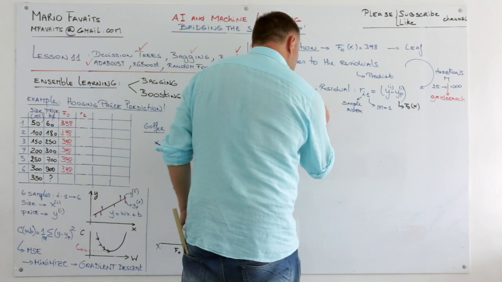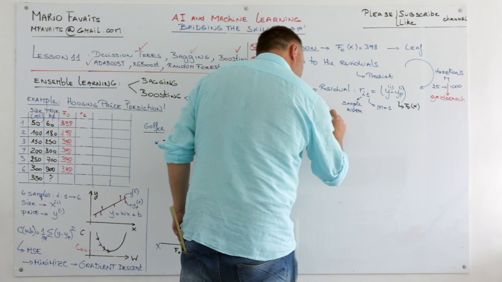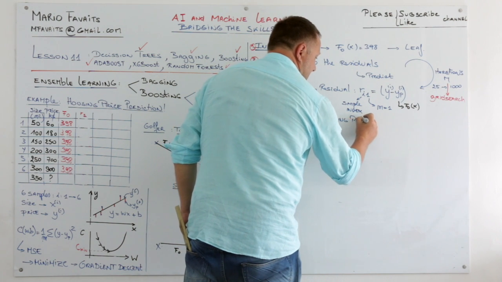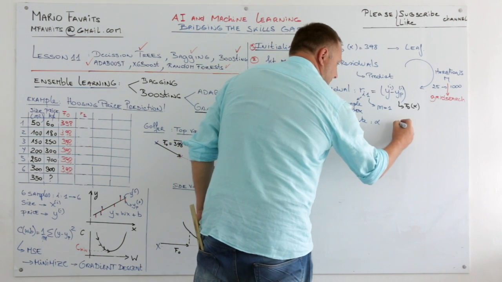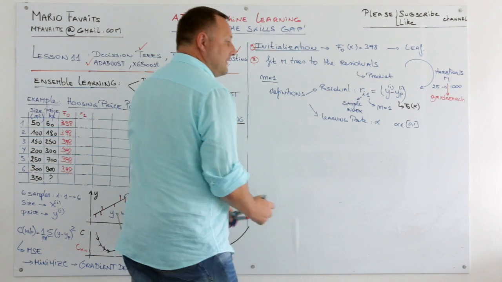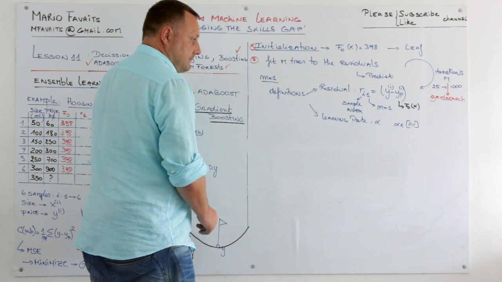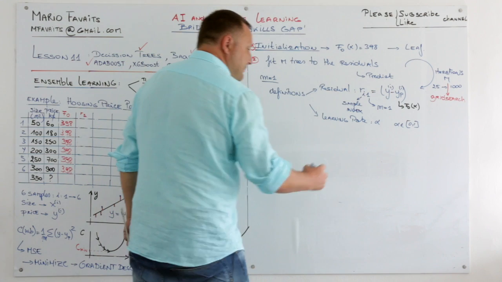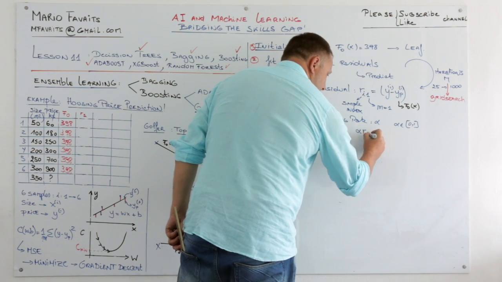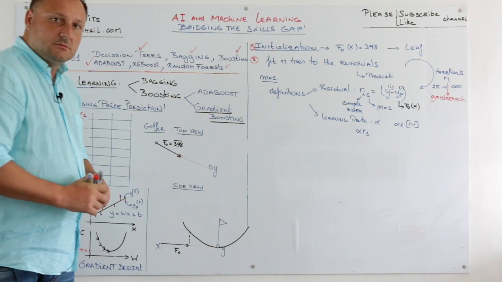So our second definition is the learning rate. The learning rate alpha will be a number between 0 and 1. We're going to multiply alpha times the residual.